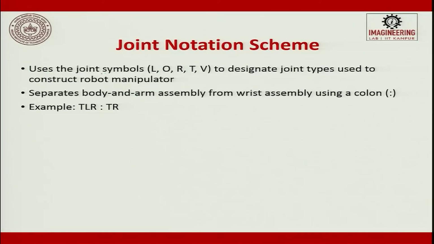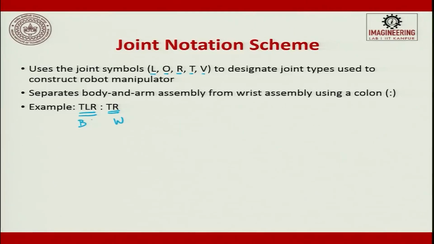So, uses of the joint symbol L, O, R, T, V to designate joint type used to construct a robo arm separates body and arm assembly from wrist assembly using a colon. So, you can see this is for body, this is for wrist.